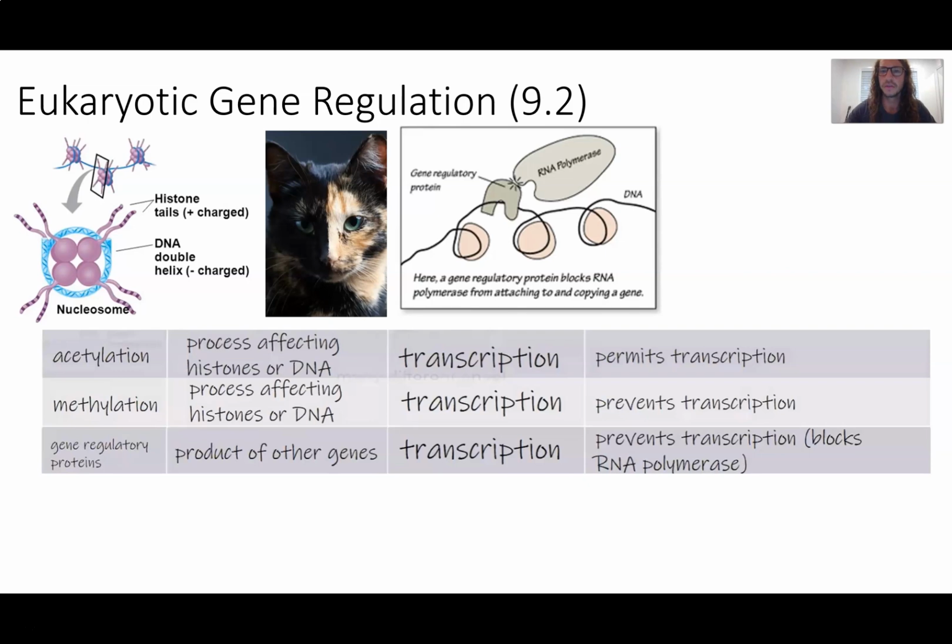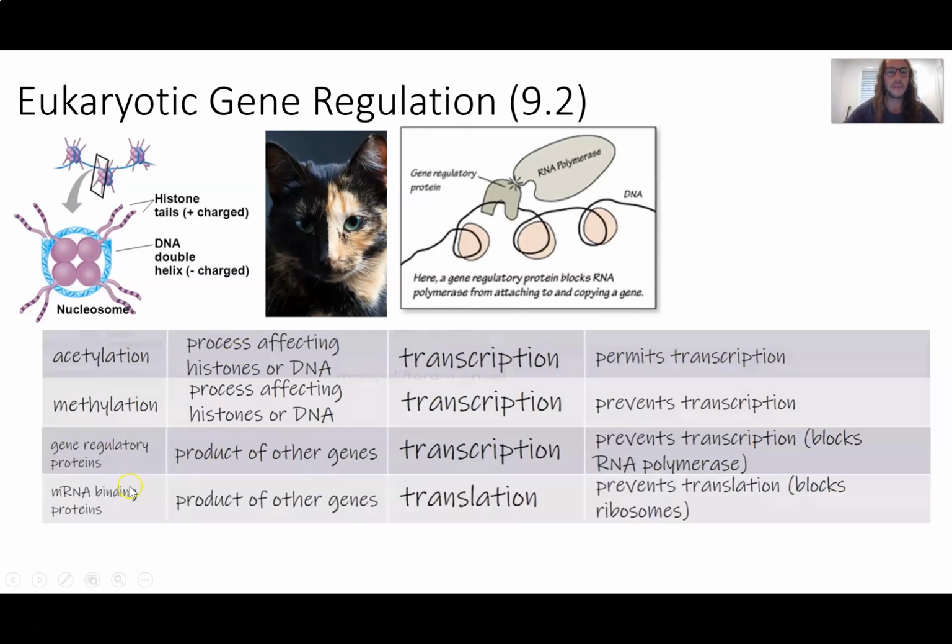Is it in transcription or translation? Well, we know that mRNA will be acted upon by a ribosome to produce a physical protein. So, a mRNA binding protein stops this process of translation from occurring, therefore preventing that gene from being expressed.